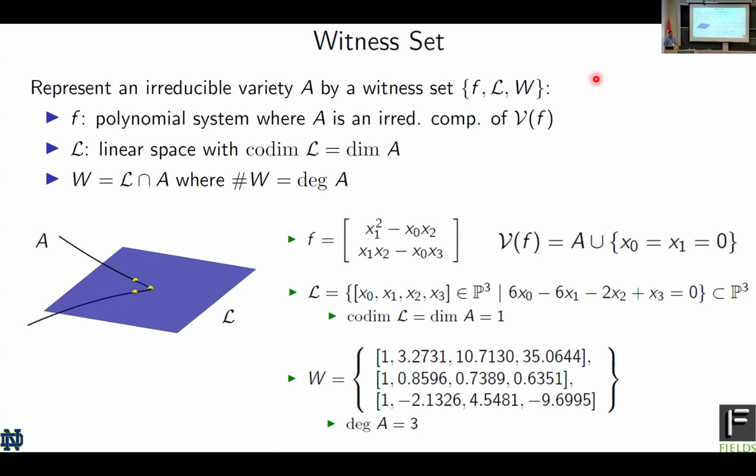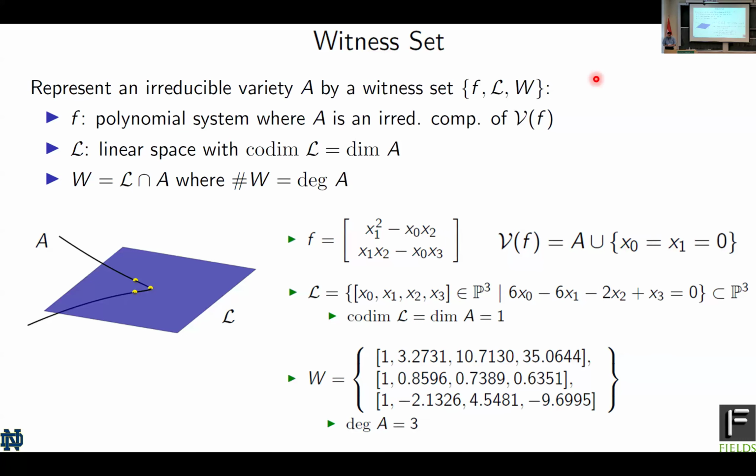I understand there's some extra components, but the beautiful thing about numerical algebraic geometry is it ignores that. So the twisted cubic is one of the irreducible components. It has dimension 1, so I can intersect it with a hyperplane. And of course, it'll intersect in 3 points. And we're going to represent these 3 points numerically on our computer. I've truncated some floating point numbers here, so you can see that on the screen.